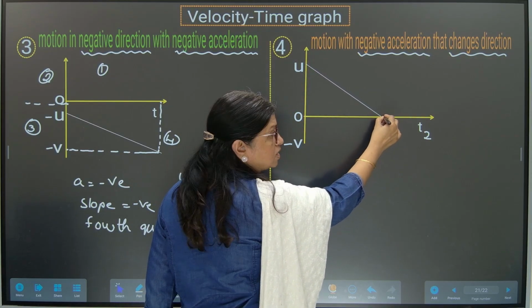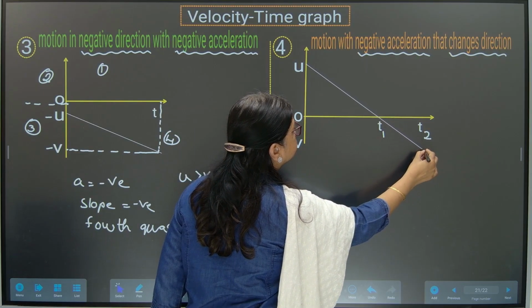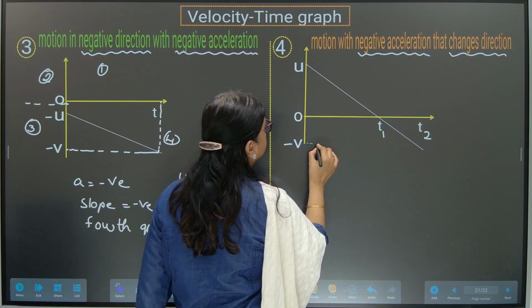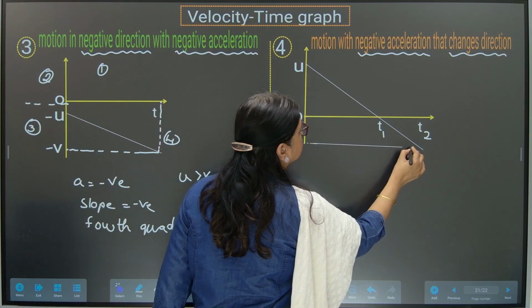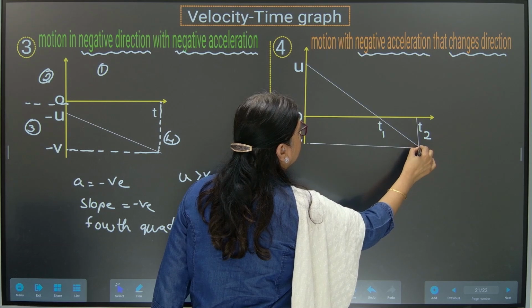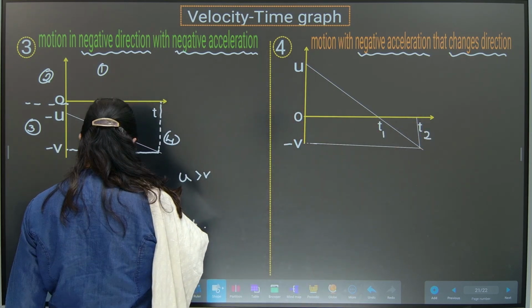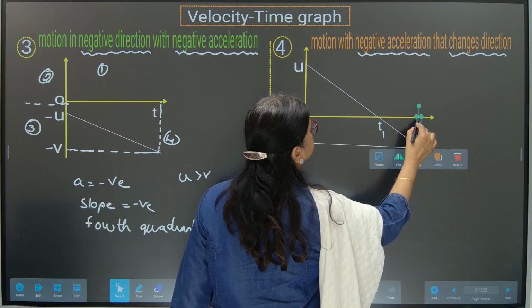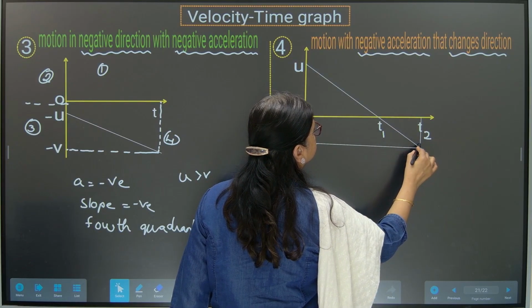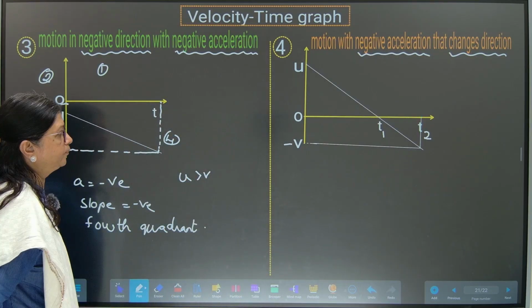At the time t1, I will go in the fourth quadrant. Agreed? So that this is the final velocity I get. Okay? Fine. This is what I get.